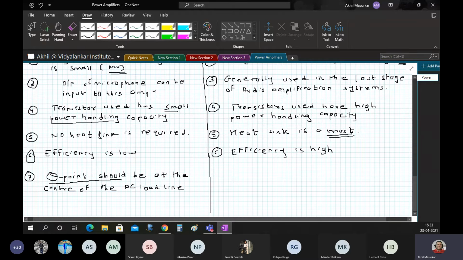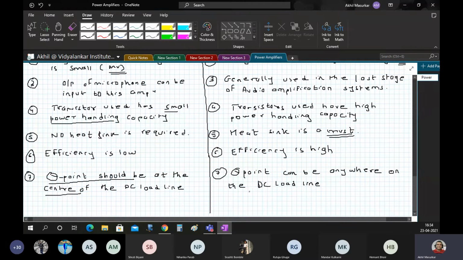This was our main point. But here, the Q point can be anywhere on the DC load line.